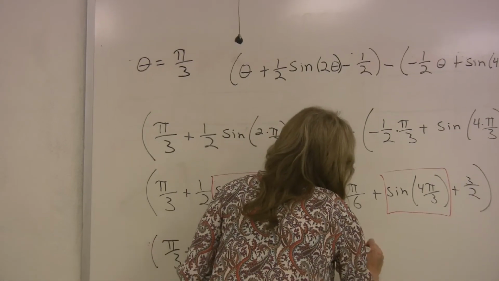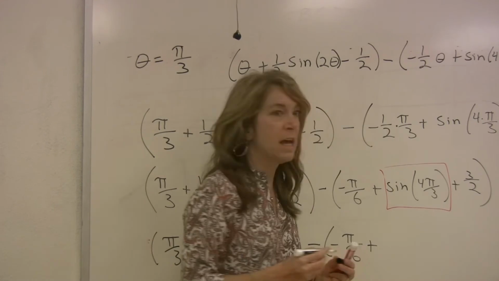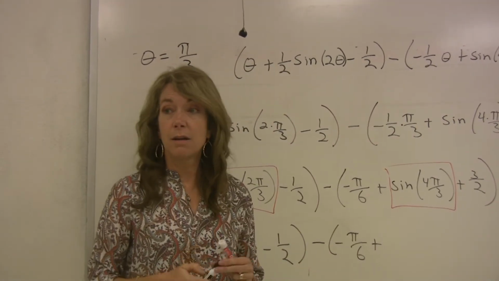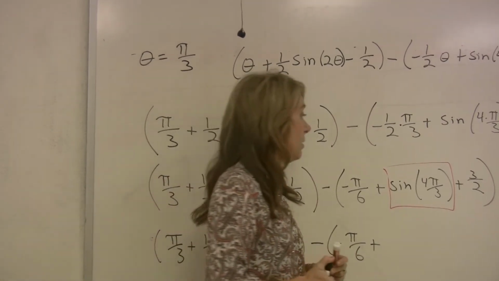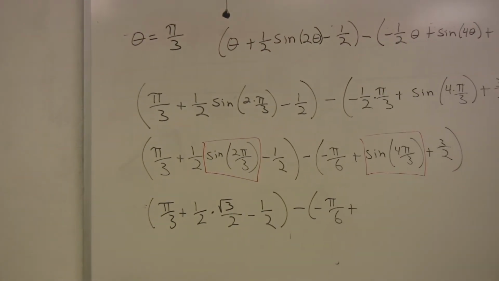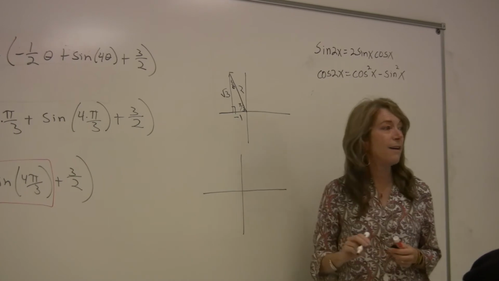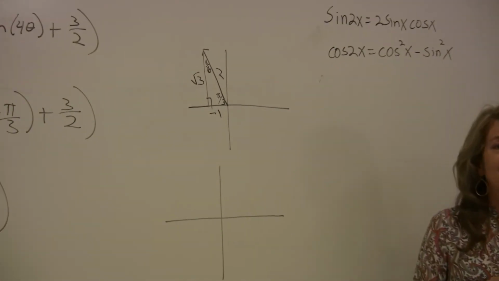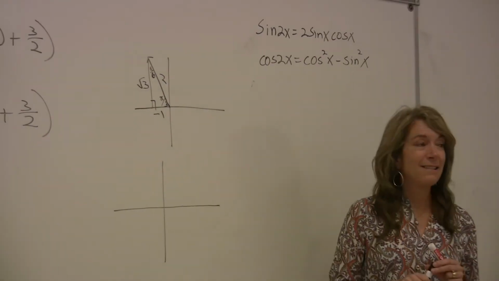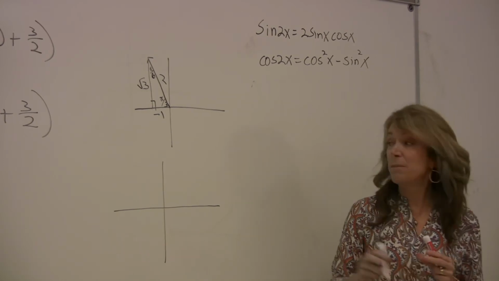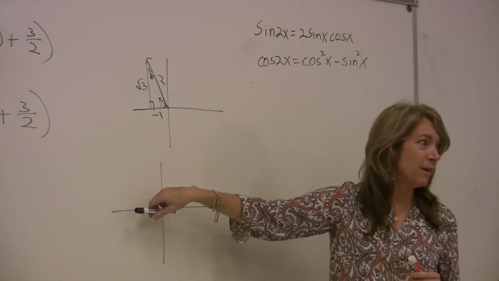Now I've got to figure out this one. I have to do the sine of 4 pi over 3. Where's 4 pi over 3? Third quadrant, because this is pi, or 3 pi over 3.